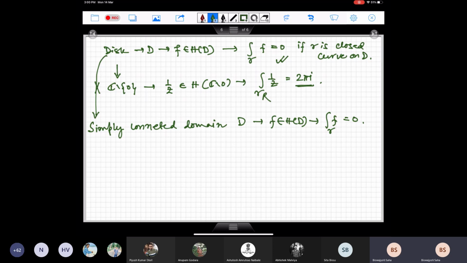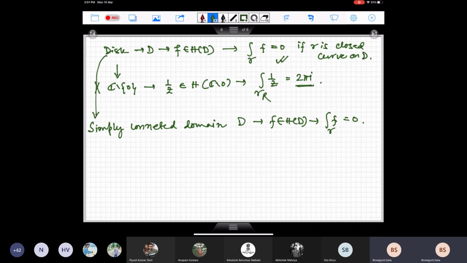Remember this again, whenever I say certain statements, those statements come with certain hypotheses. Do not blindly apply any result for any particular set without verifying the hypothesis. Do not blindly say, for example, that the integral over any closed curve of any holomorphic function is going to be zero. That's not the case.